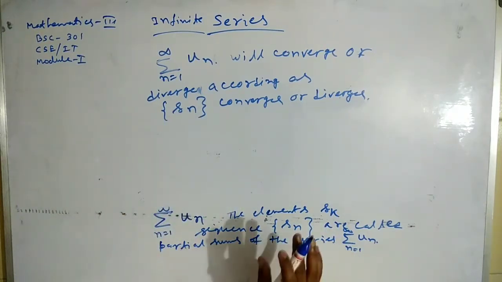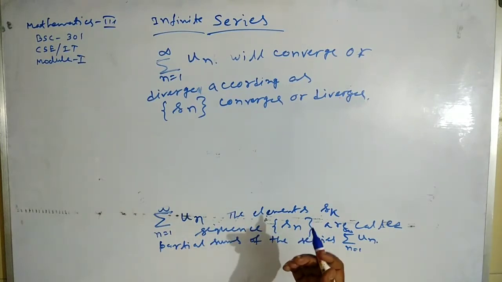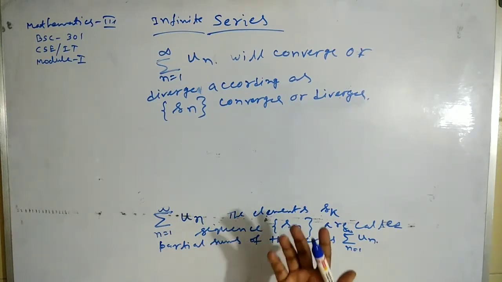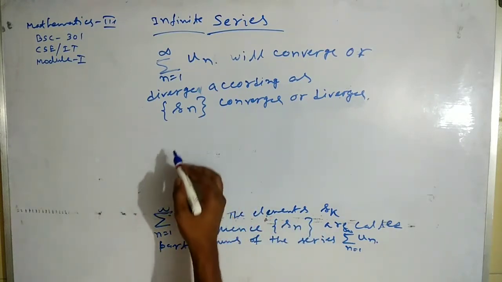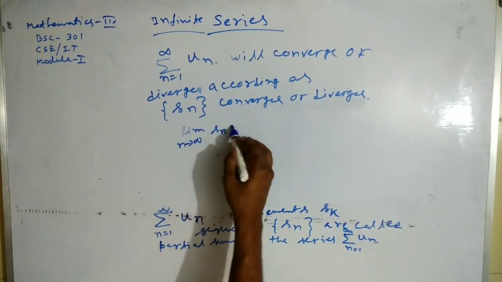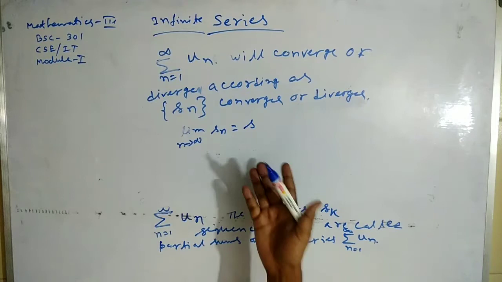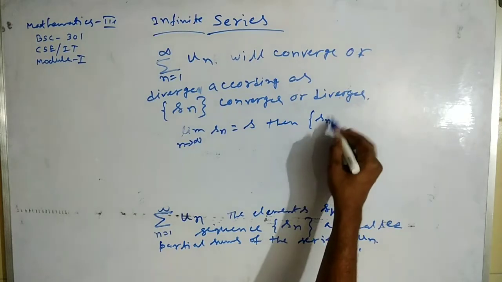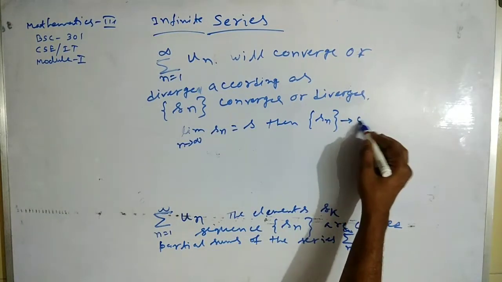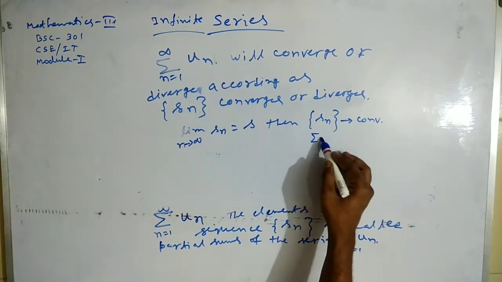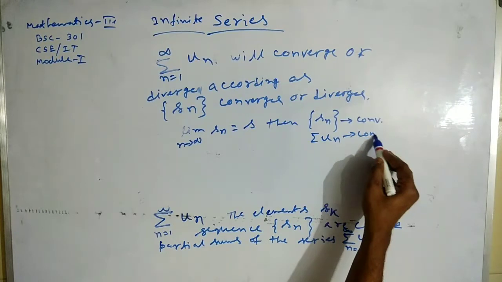Okay, now we know how to determine whether a sequence is convergent or divergent. If a finite limit exists, then we can say that the sequence is convergent. That is, if limit n tends to infinity Sn equal to, suppose, s, which is a finite real number, then this sequence Sn is convergent, and hence this series will be convergent.